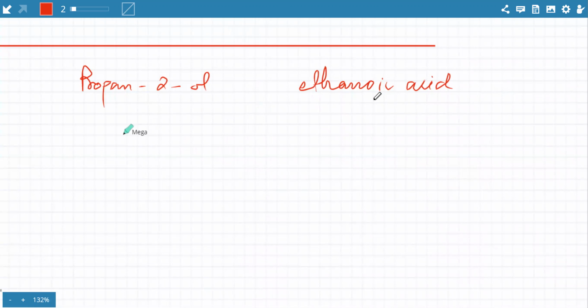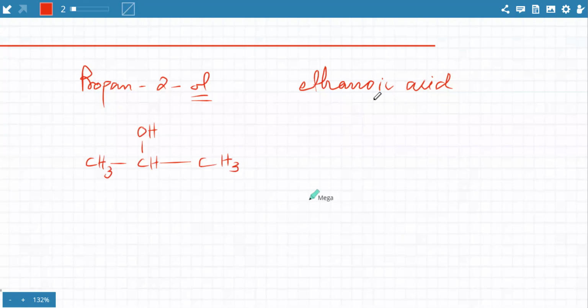Now, the problem with propan 2-ol is, okay, propan 2-ol is, the OH is on the second carbon atom. It's over here. अच्छा, इसके साथ 3 H होंगे. इसके साथ there would be 1 H, and over here there are going to be 3 hydrogens. ठीक है, so this is propan 2-ol. अच्छा, I'm going to draw ethanoic acid. That's 2 carbon atoms.